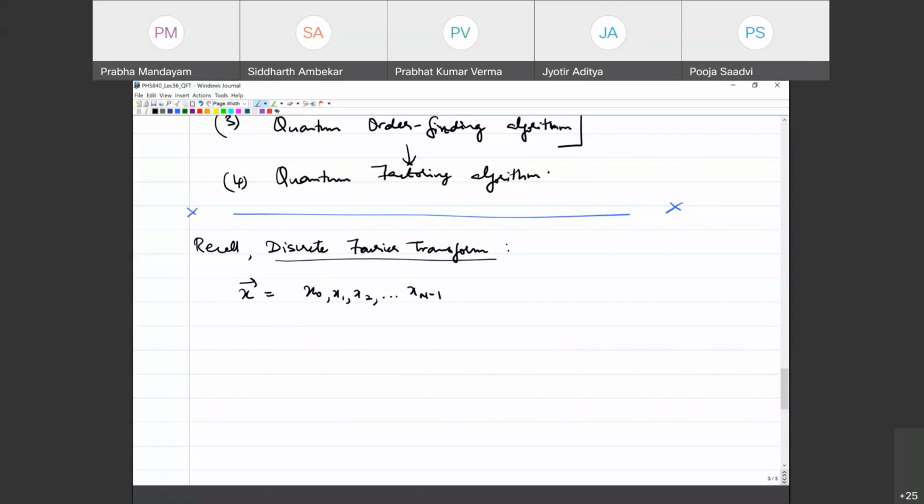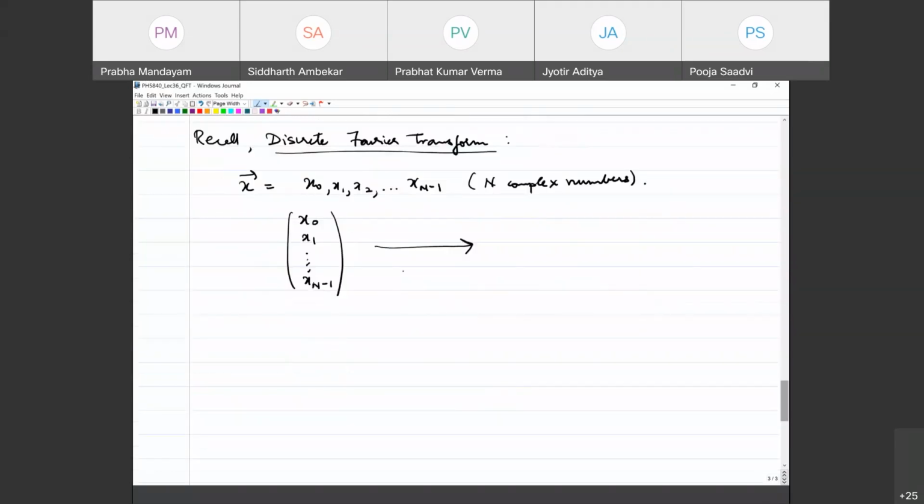So let me just say there's a set of n complex numbers. I can visualize it as a complex vector like this, right? And what the discrete Fourier transform does is it transforms you from such an n-dimensional complex vector to another n-dimensional complex vector.